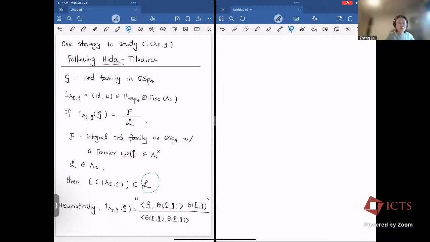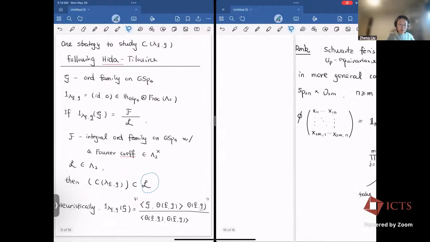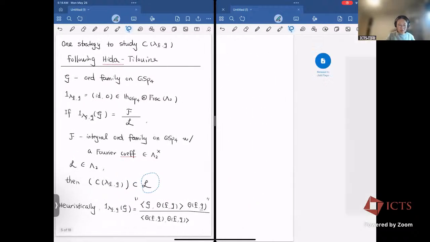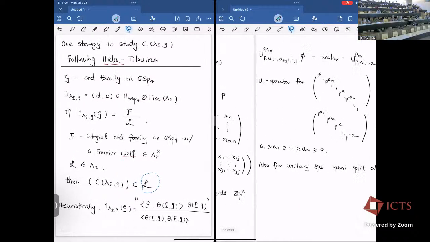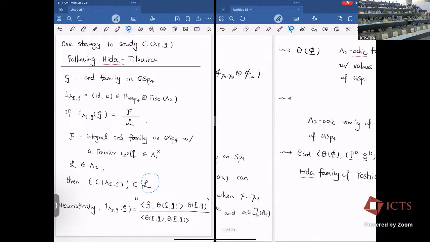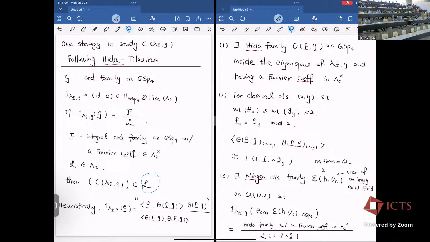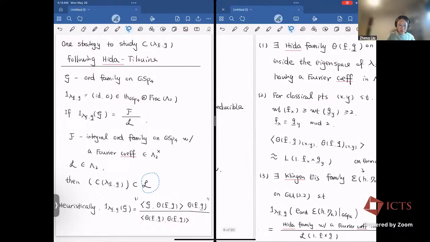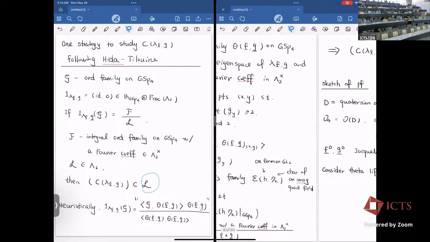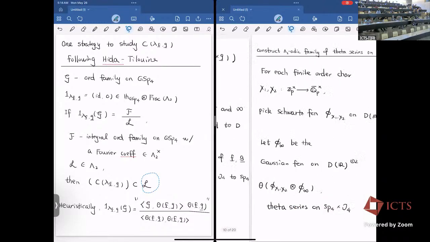I mean, I know this is studied for complex representations. Right, in a sense that they are somehow mod p valued or integral valued.